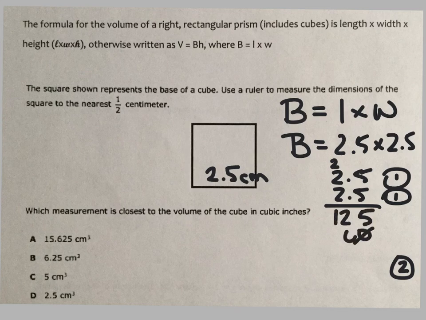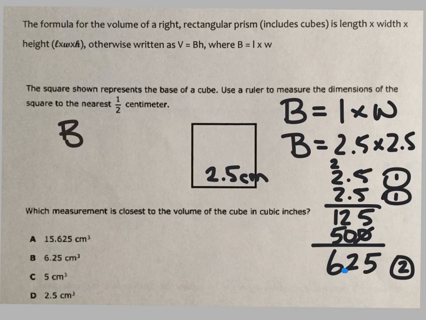When I finish multiplying, I should see that my product is 625. But I need to put 2 digits after the decimal. So my decimal needs to go here, between the 6 and the 2. So big B equals 6.25.